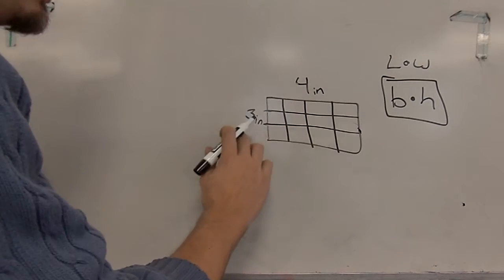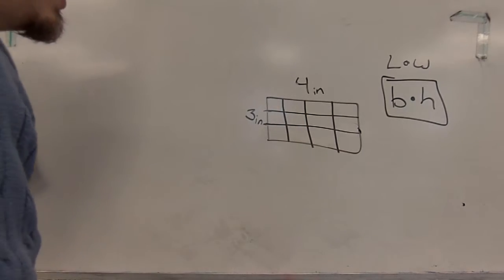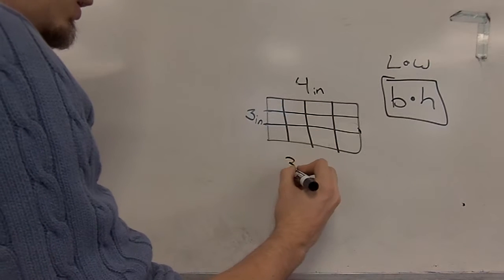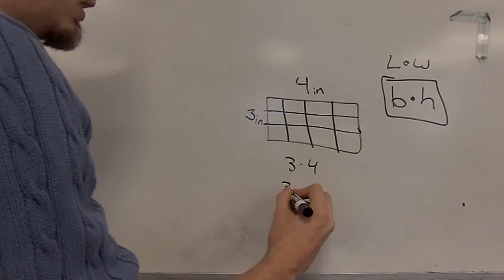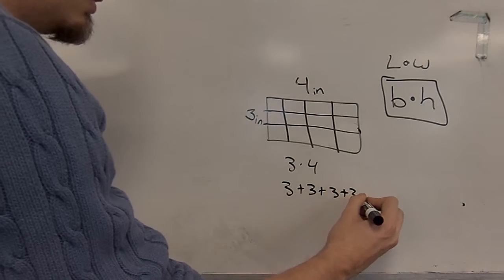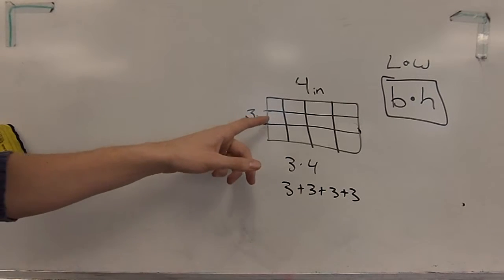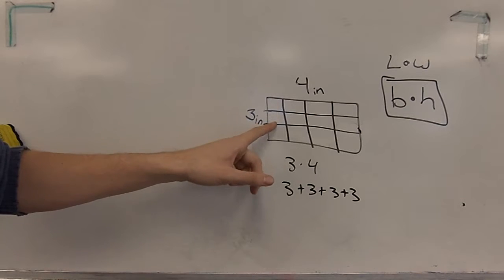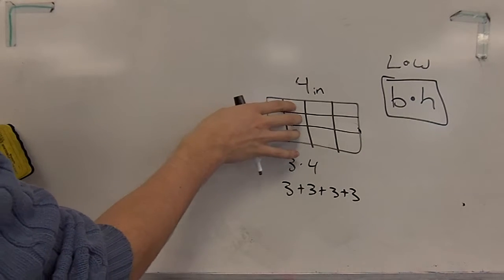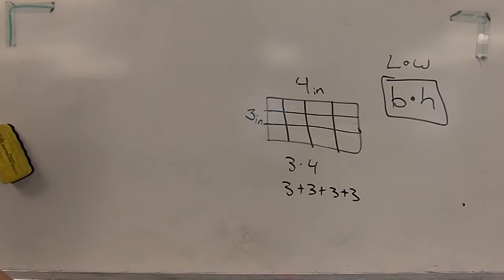The reason why we multiply the width and the height is because multiplication is repeated addition. 3 times 4 literally means you're going to add 3 four times. So in other words, I've got these 3 block columns, and there are 4 of them, so I'm adding 3 plus 3 plus 3 plus 3.